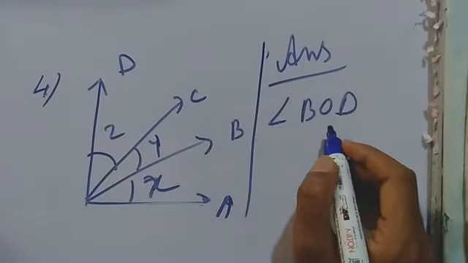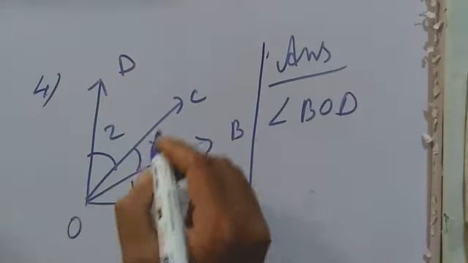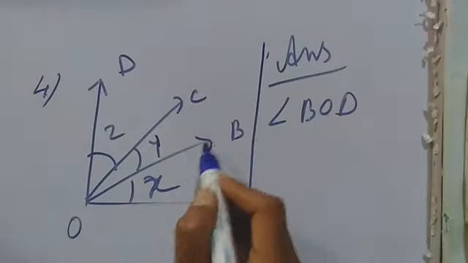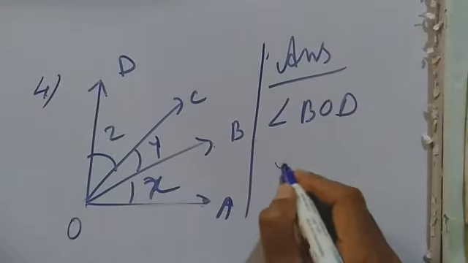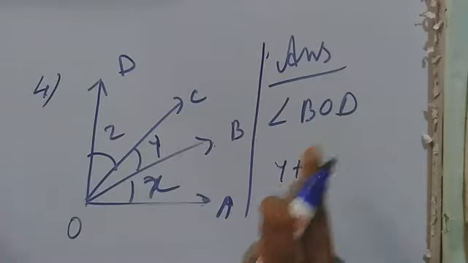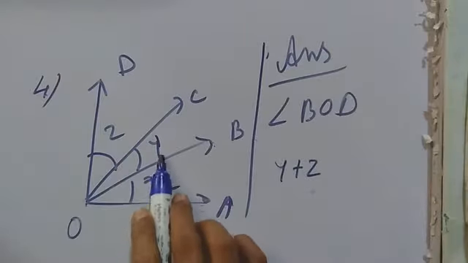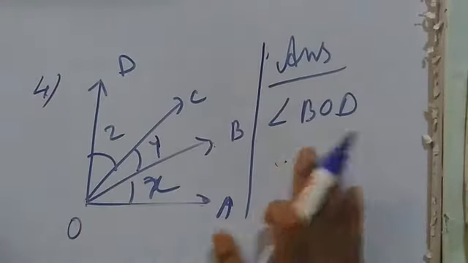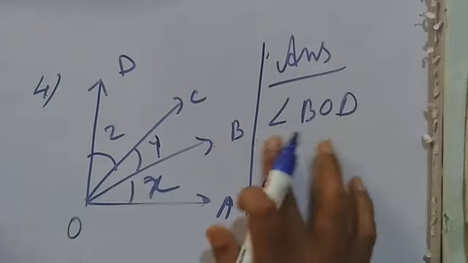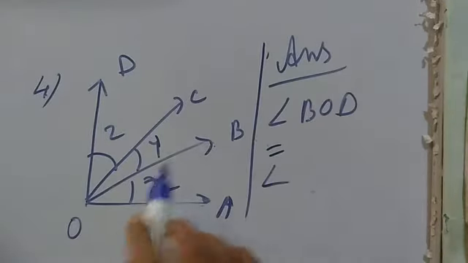Now look here. First you search for BOD. In BOD there are two angles, Y and Z. See, angle BOD consists of two smaller angles Y and Z, so BOD is Y plus Z. And the congruent of angle BOD will also contain two angles.